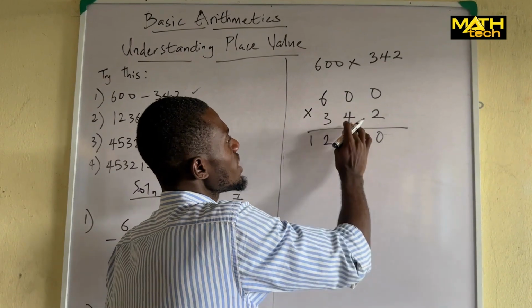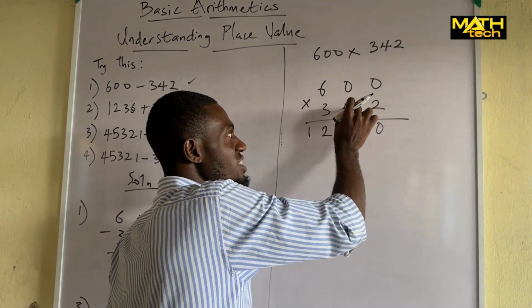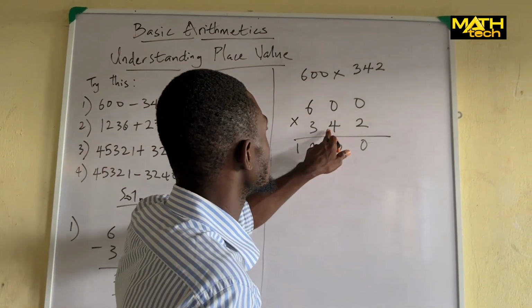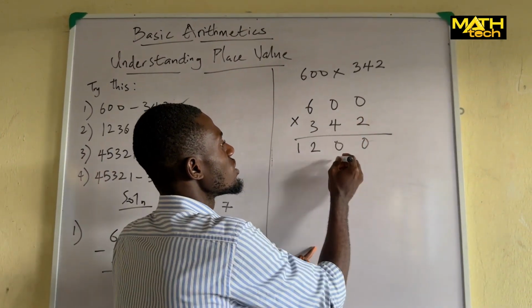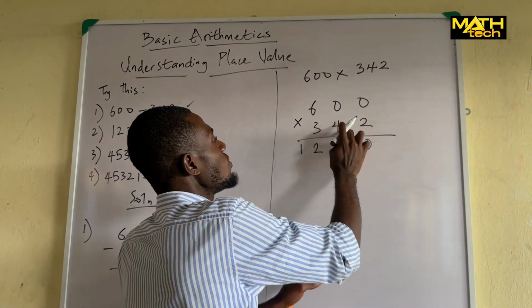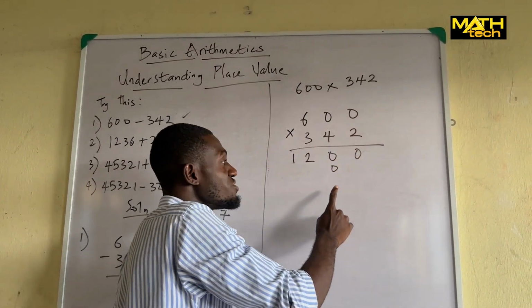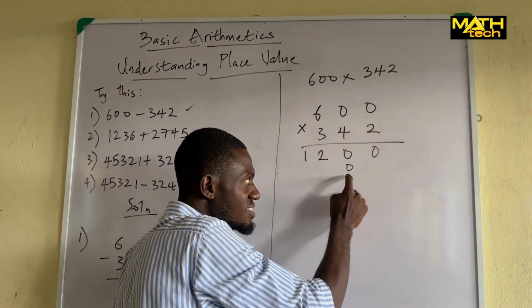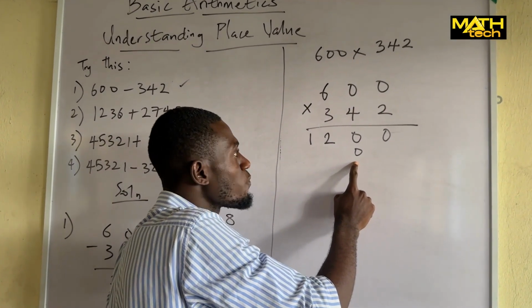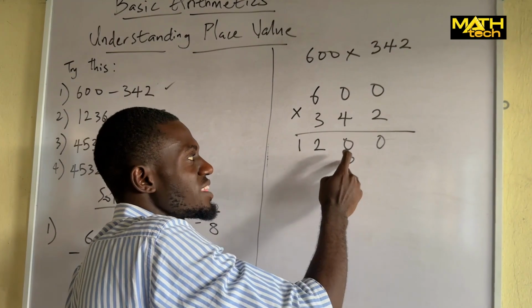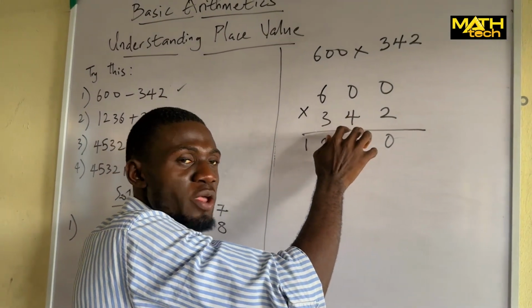12. Same thing here. We are now using the second value in the down part to multiply the up side of it. 4 times 0 gives us what? 0. But now look, when we did 4 times 0, I wrote the result below 4, not below 2 again. I have to start below 4 because now I'm multiplying with 4.